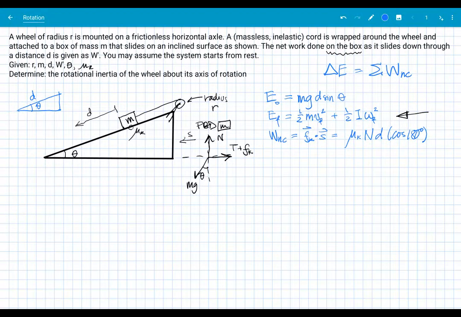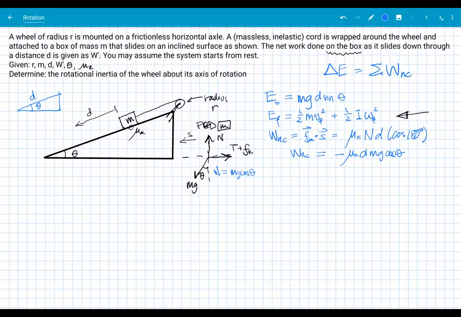And I can see by doing some second law analysis here that normal force is going to be equal to mg cosine theta. So that's useful. And I can write my non-conservative work here as negative mu k d mg cosine theta.